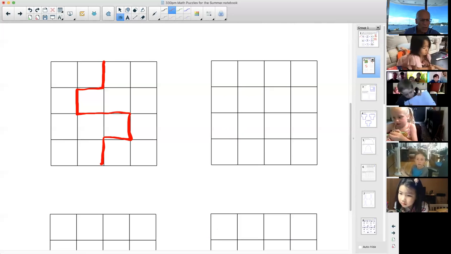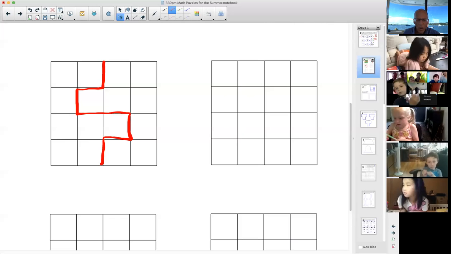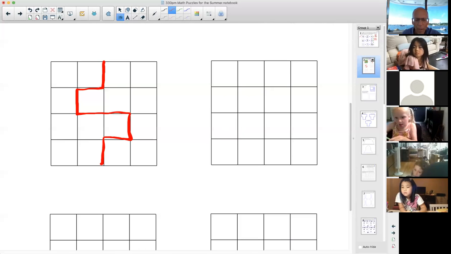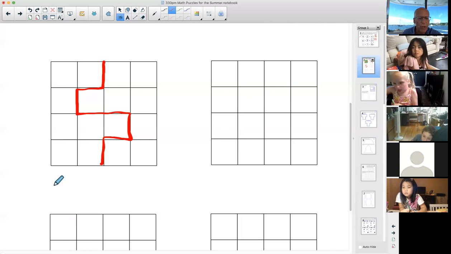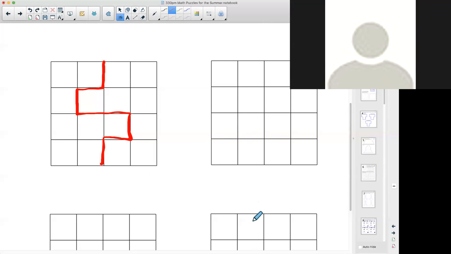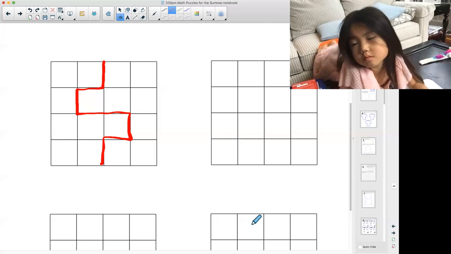So I decided to do this one. Wait, Cam, because you've got a virtual background, I can't see what you hold up. Oh wait, did I turn my screen on? Yeah, if you turn off your virtual background, it might work.